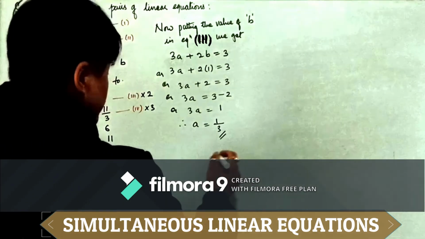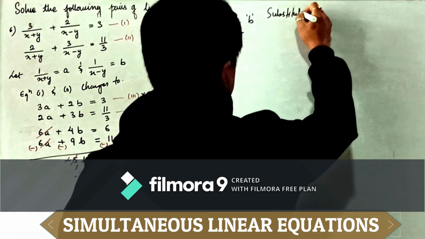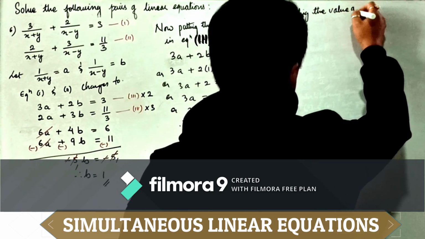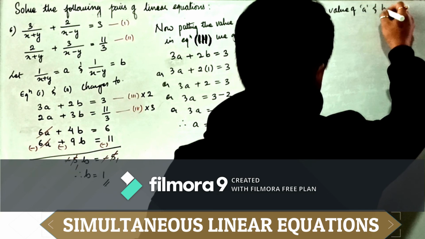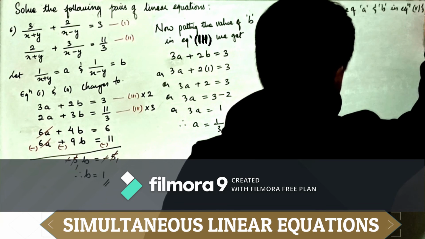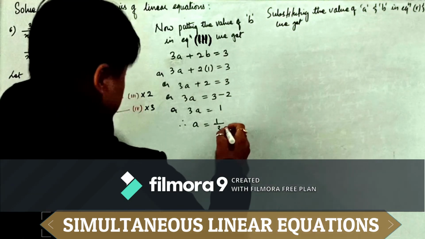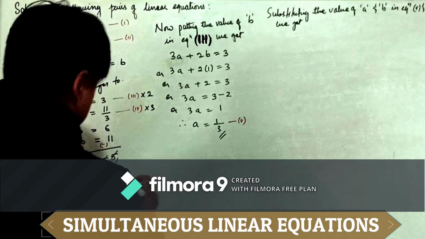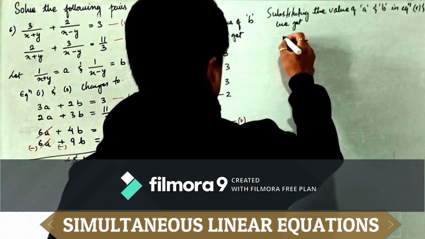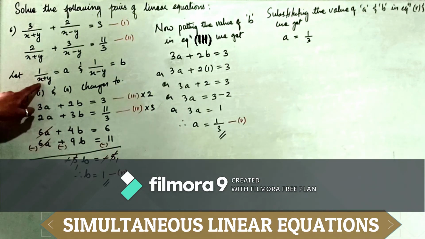Now next we'll substitute the values of a and b in equations 5 and 6. Let's make this equation 5 and this equation 6. From equation 5 what do we get here? a is equal to 1 by 3. How much is a? a is 1 by x plus y.